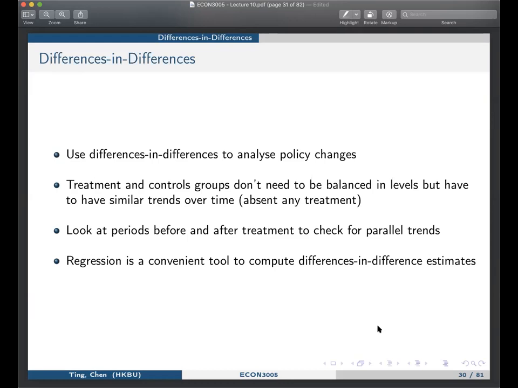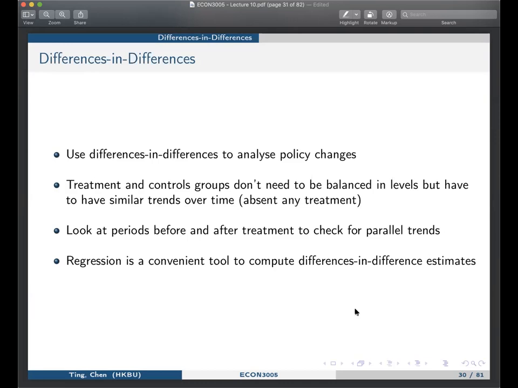In other words, it assumes that other than the treatment we observe, there should be no other treatment or shock specific to either the control or the treatment group. And we can look at the periods before and after treatment to check the parallel time trend assumption.